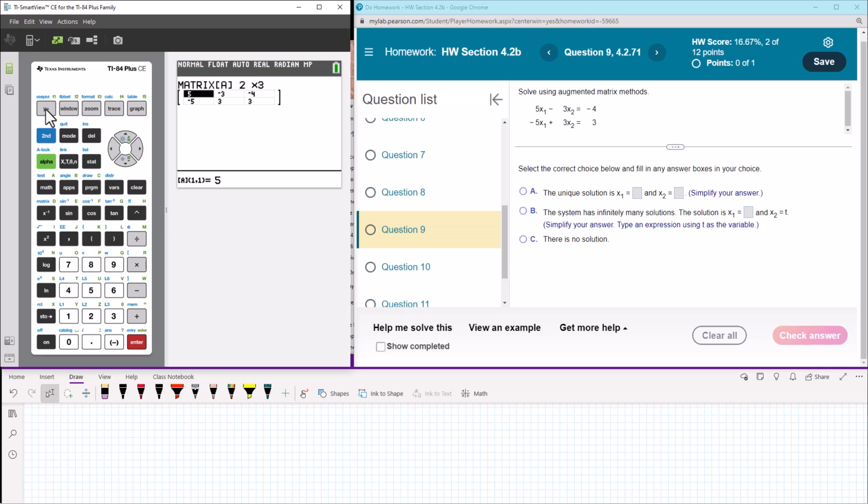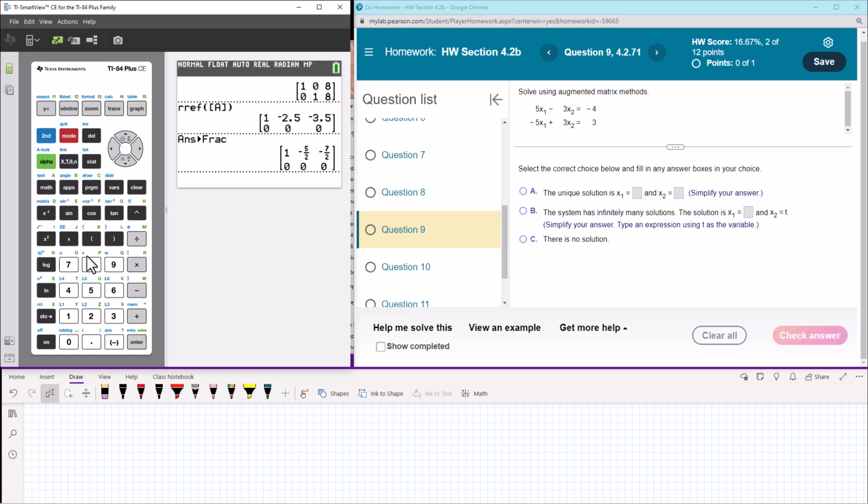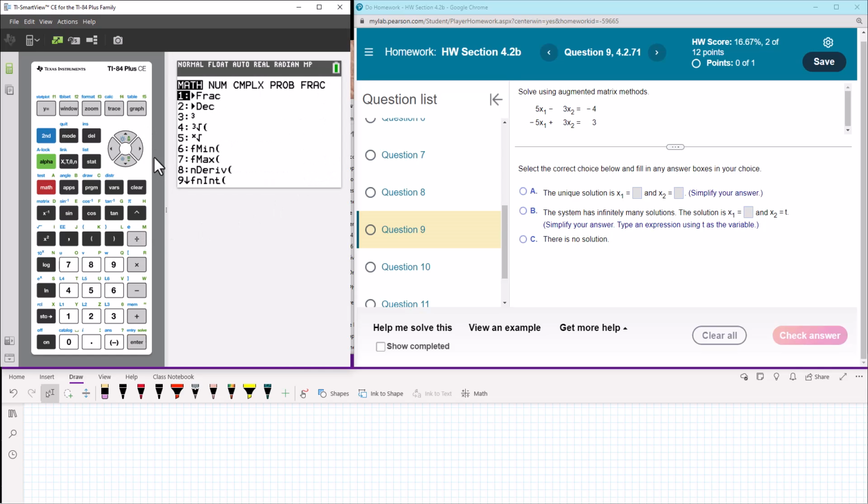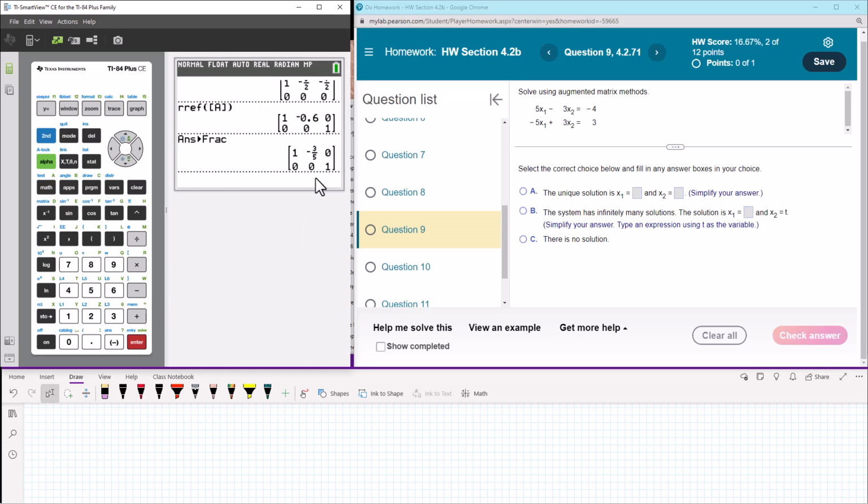Okay, we can quit. Go back, and no, we don't need to go back in the matrix. I'm going to come up here and reuse this command. And here is my solution. Now, if I want to put this in terms of a fraction, I can go to math. It's already highlighting fraction. Just hit enter again, and there it is as a fraction.